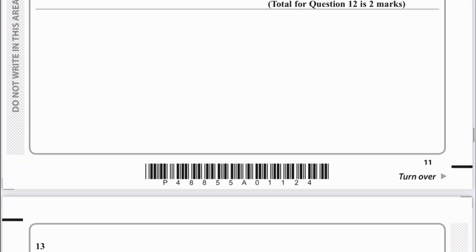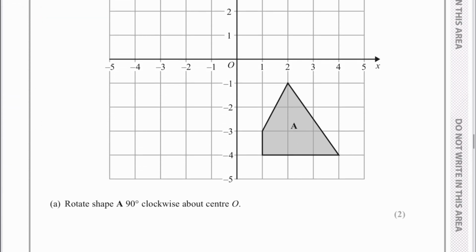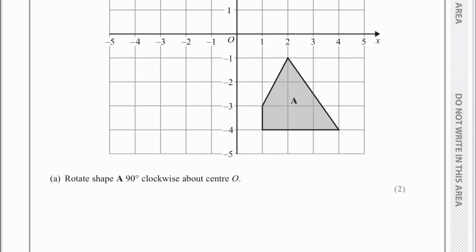Okay, so we're going to move on to question number 13, which is a rotation, and it asks us to rotate shape A 90 degrees clockwise about center 0. Now, under normal circumstances, what you would do is use a piece of tracing paper, and if you put your tracing paper onto the center and then draw on the tracing paper the shape, you can then rotate it around.